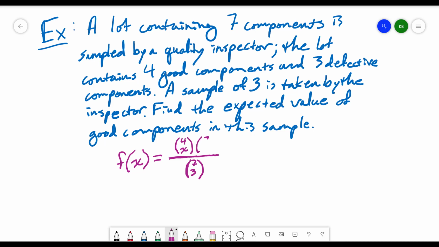And then from the 3 defective components, I'm choosing the remaining ones, so 3 minus x of them. And I know that my x values, I could have no good ones, I could have 1 good one, 2 good ones, or 3 good ones. So those are my 4 x values. So I'm going to plug in my 4 x values and go on and find my 4 f of x values so that we can work with those.